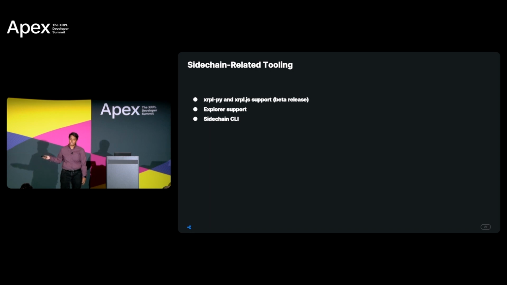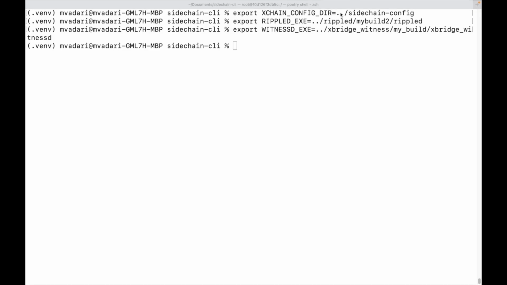And there's the Sidechain CLI. This is a new tool. Some of you might be familiar with the Sidechain launch kit that was released last year. But this is kind of a new version of that. It's very different, but it serves the same job of making it easier to work with sidechains, to do these cross-chain transfers, all of that. Now for the demo.